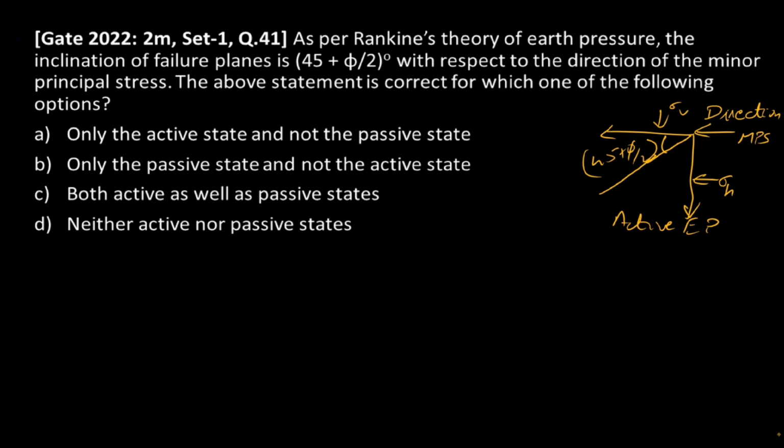And for passive earth pressure, the direction of minor principal stress will be in this direction. It's corresponding to the vertical direction, right? And this one will be gamma h, this one will be gamma v, where the angle will be 45 plus phi by 2, right? So this one is for passive earth pressure. Therefore, it is applicable for both active as well as passive states.